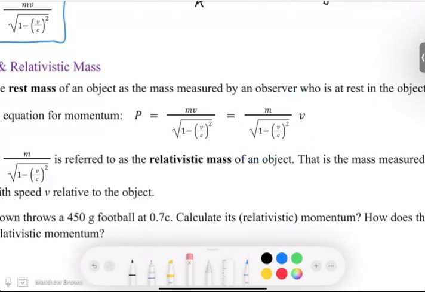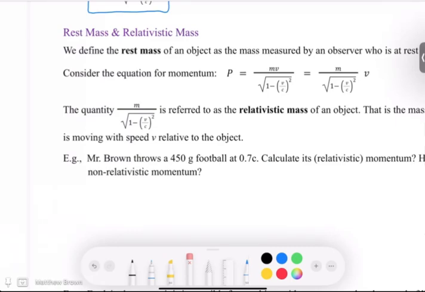Then we can define those terms. This here is the relativistic mass, and we define the rest mass as when the thing has a speed of 0, in which case the denominator here is just 1.